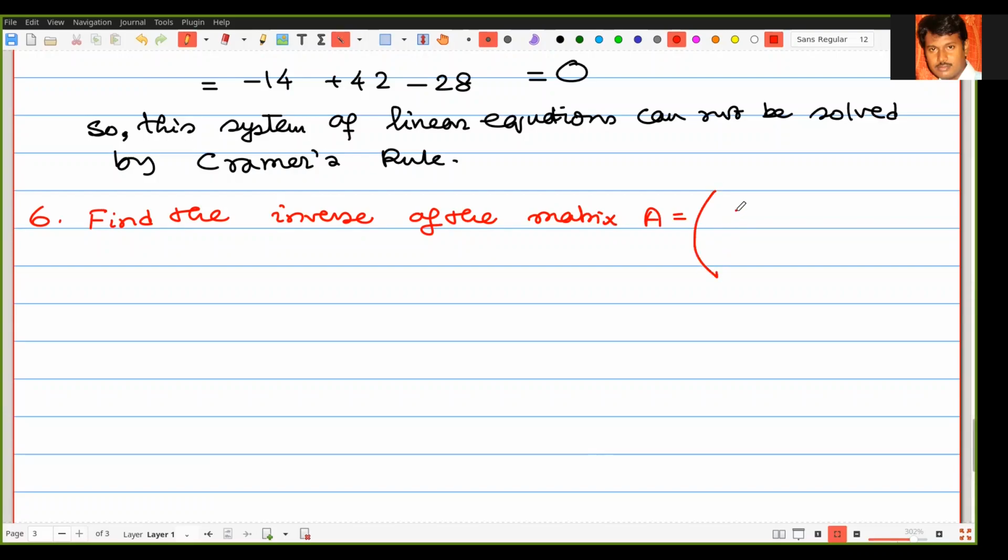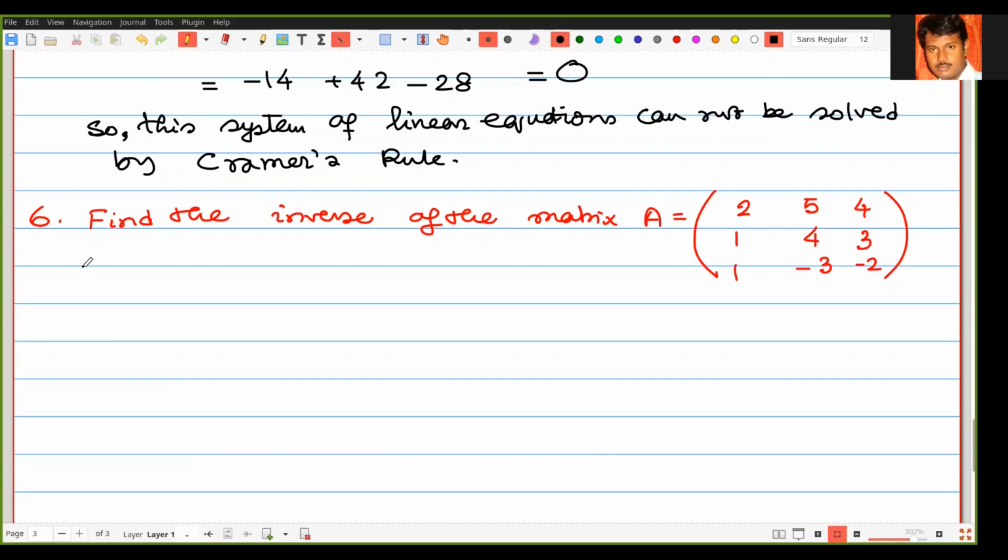Matrix A has been given: 2, 5, 4, 1, 4, 3, 1, minus 3, minus 2. Let's proceed with the solution.